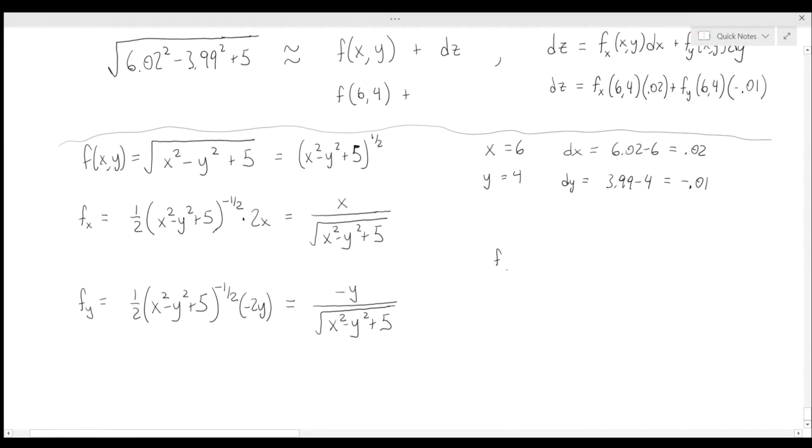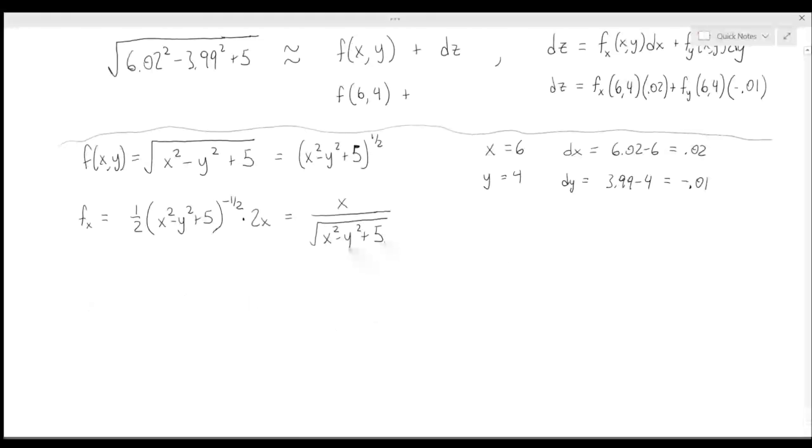So I'll start by plugging in 6, 4 into my function. All right. So if I plug in 6 for x, I'm gonna get 6 squared, which is 36. Minus, I'm gonna plug in 4 for y. So 4 squared is 16. And I'm gonna do plus 5. And then I'm square rooting all of it.